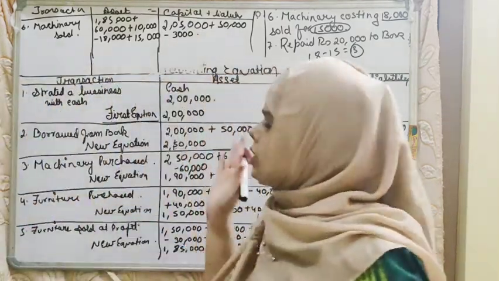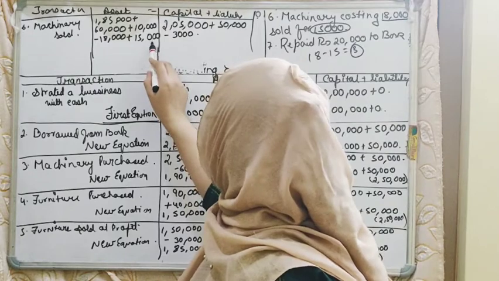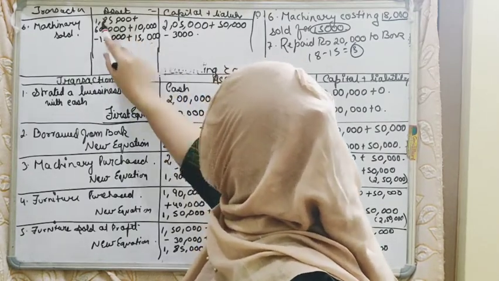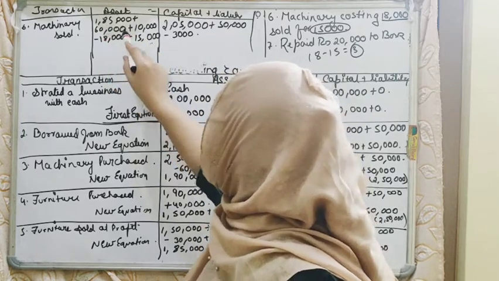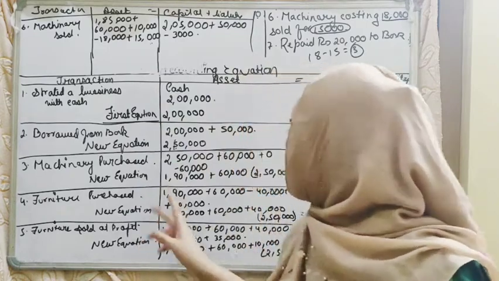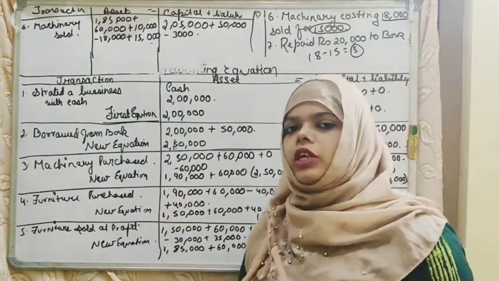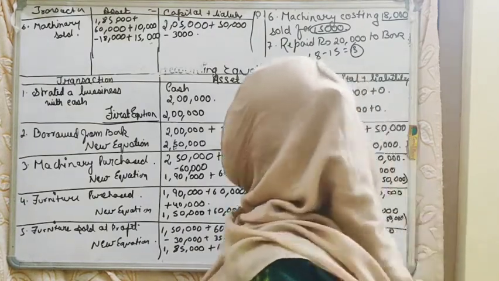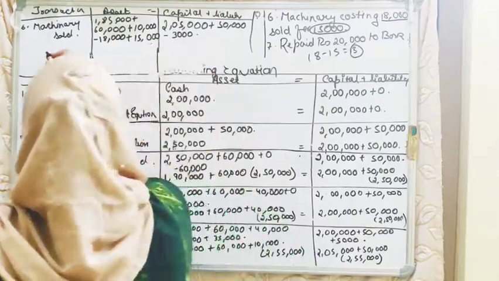So if we solve this equation, this 15,000 will be added to the cash part and this 18,000 will be subtracted from the machinery part, because we are having a machinery worth rupees 60,000 and we sold out the machinery worth rupees 18,000 to somebody. Okay, so we will just add this 15,000 to 1,85,000.